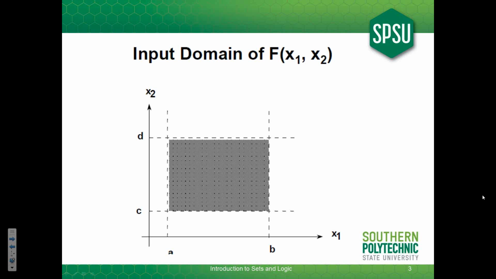Now if you have two independent variables, as we mentioned, let's say x1 is from A to B, and x2 is from C to D, then the possible values that you want to use in your test cases are in this area. All the possible combinations of values of x1 and x2.